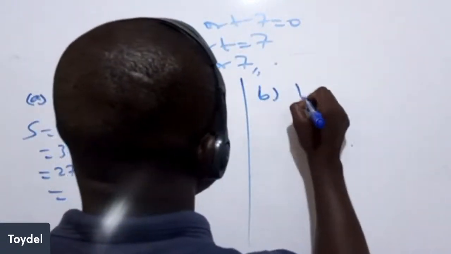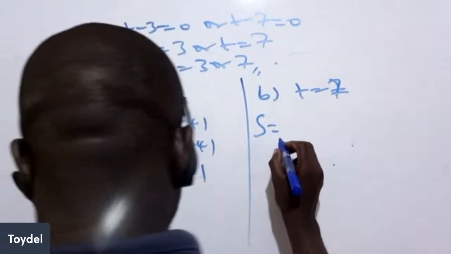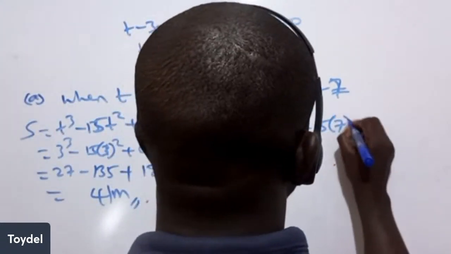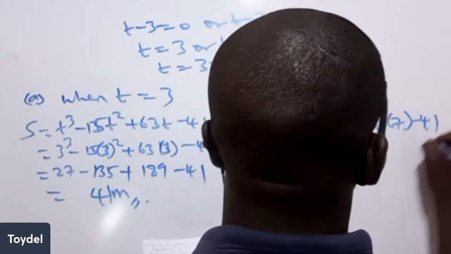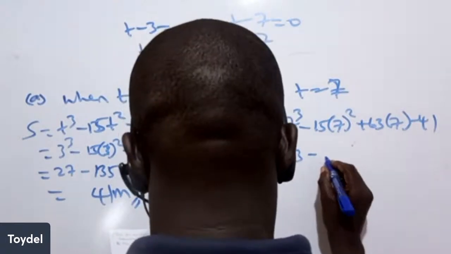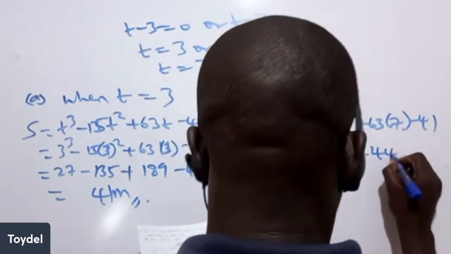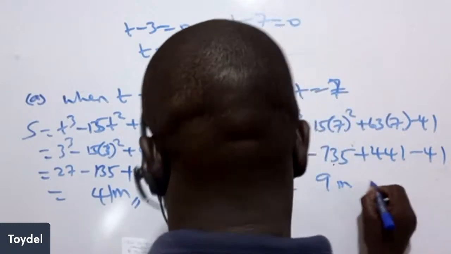Then B, when t is equal to 7, the distance s will be 7 cubed minus 15 multiplied by 7 squared plus 63 multiplied by 7 minus 41. This will give us 343 minus 735 plus 441 minus 41, and at the end of the day, we are going to have 9 meters.